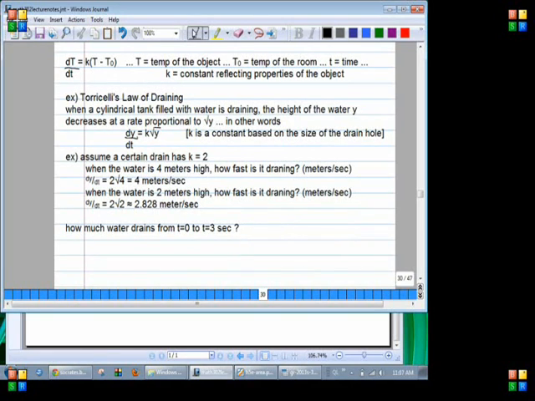How would you do that problem? Or how would you start to try to do that problem? The integral. Okay. So let's just use k equals 2.